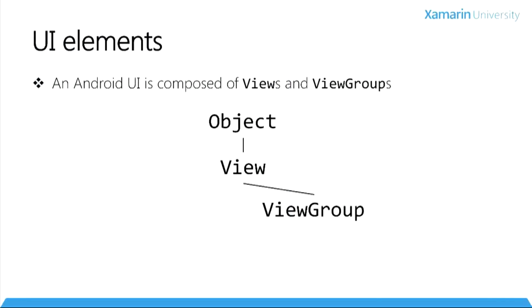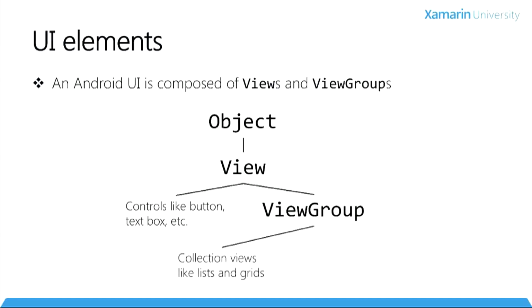So there's a base class called view, and everything that the user sees and interacts with in Android is called a view. The simple controls like button and text boxes and so on directly inherit from view. Composite controls inherit from view group, and there's two categories under that. There's collections like lists and grids.